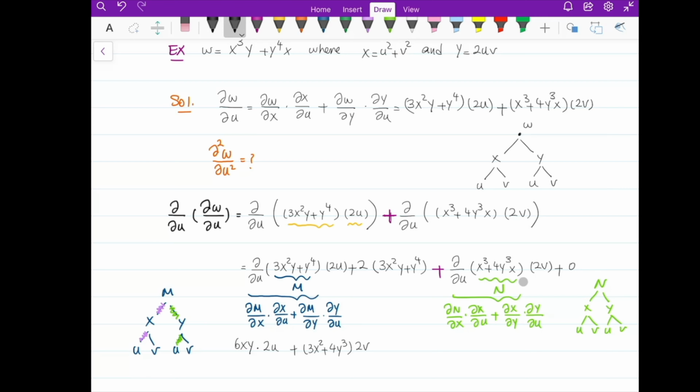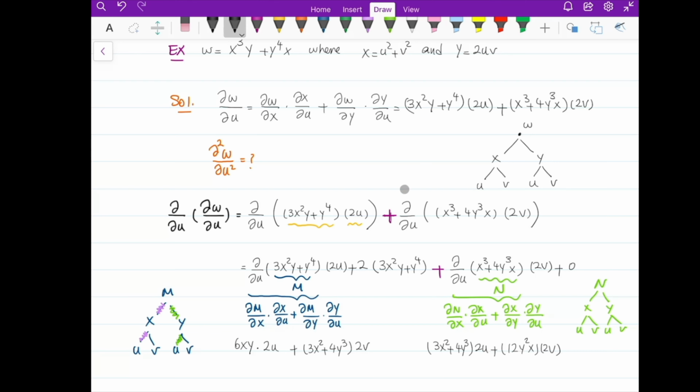Okay, so derivative of n with respect to x is 3x squared plus 4y cubed. Derivative of x with respect to u is just 2u, plus derivative of n with respect to y, it's 12y squared x. Derivative of y with respect to u is just 2v.